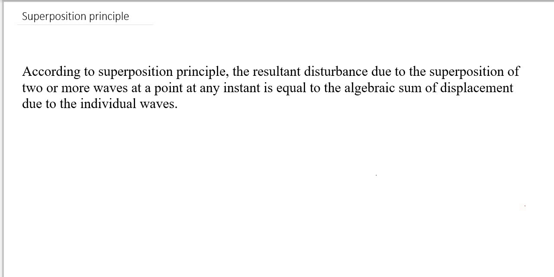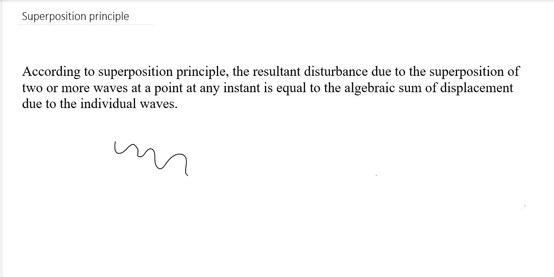Let me describe this principle in a little more detail. Suppose we have two waves, one is this and the other one is this, and these waves are coming, one from A and the second from B, meeting at the point R. This particular point is the region of crossover.